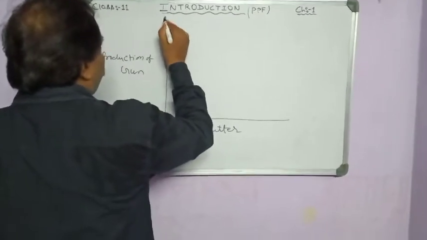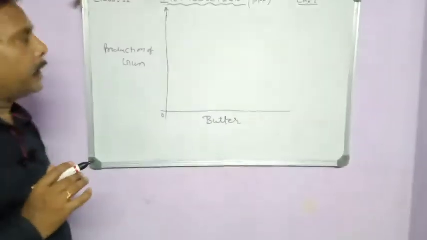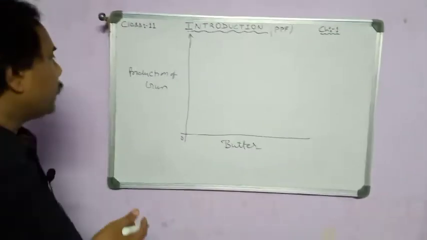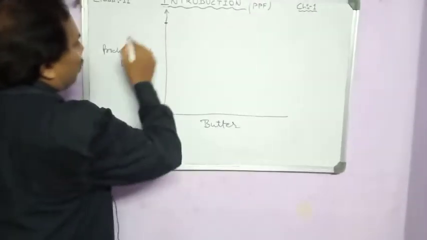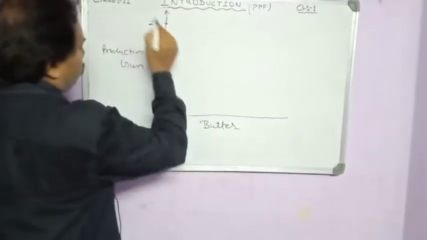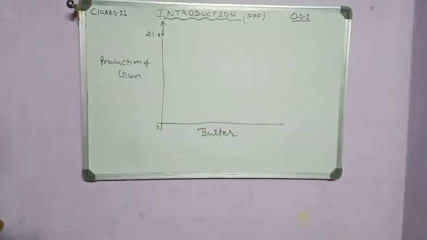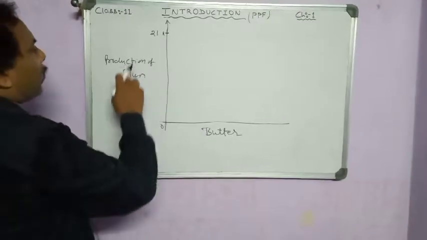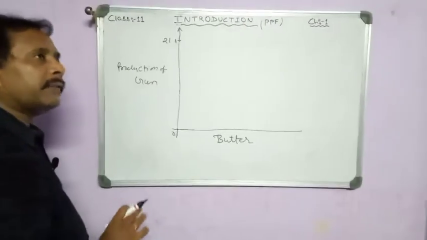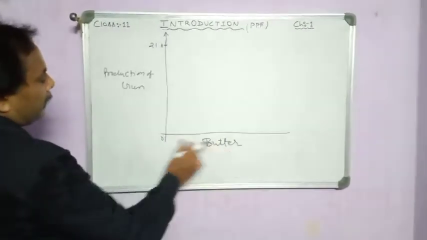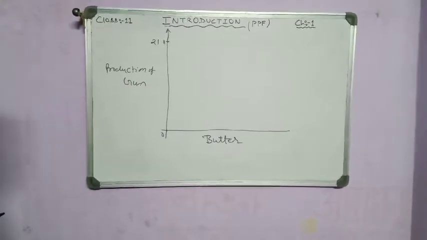Now, whatever resources we have, if we apply them in the production of gun, suppose that is up to this level, 21, and the point is taken A. So 21 units of gun will be produced from the given resources and the given technology, and in that case the production of butter will be 0.